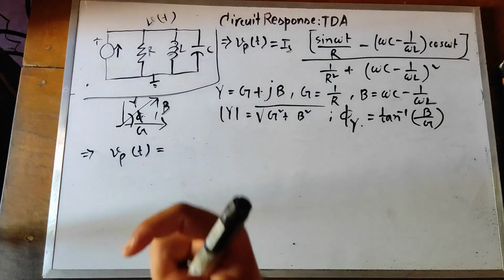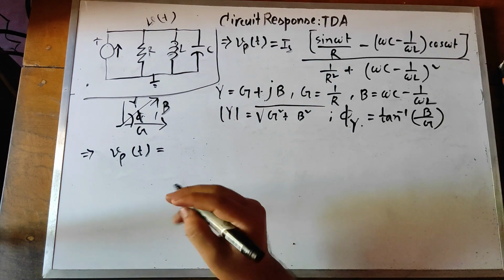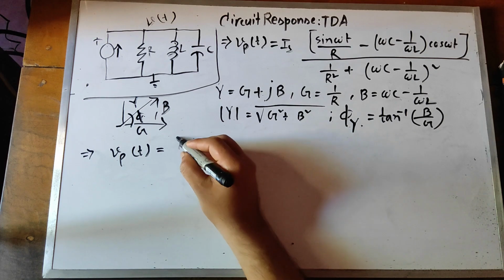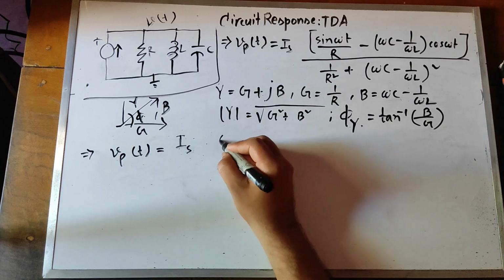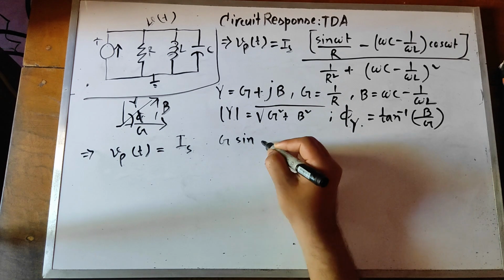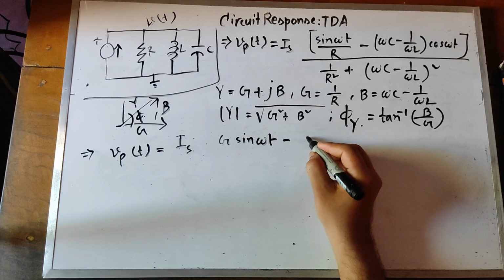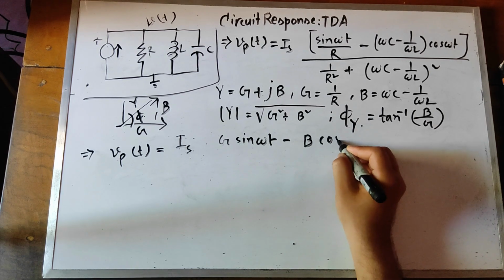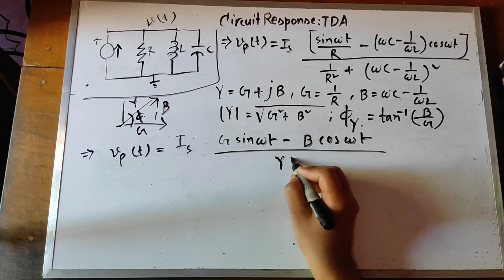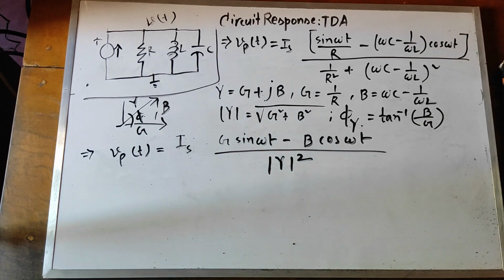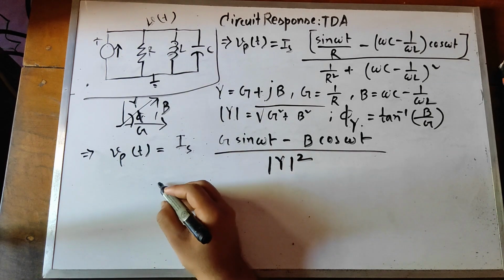So this will give me Im into G sine omega t minus B cos omega t by magnitude squared.